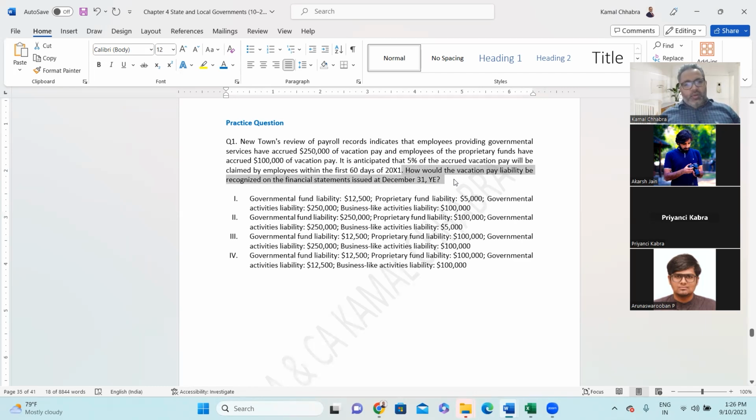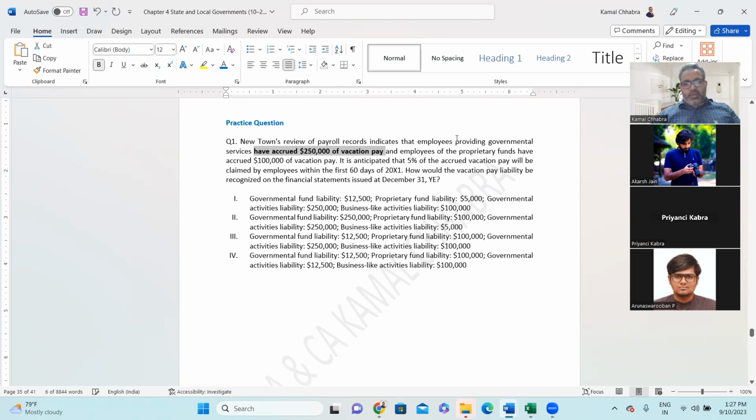So first, how much is the governmental fund liability? How much is the proprietary fund liability? How much is the governmental activity liability? And what is the business-like activity? Newtown reviewed the payroll records, which indicate that employees providing governmental services have accrued $250,000 of vacation pay. The employees of the proprietary fund have accrued $100,000.